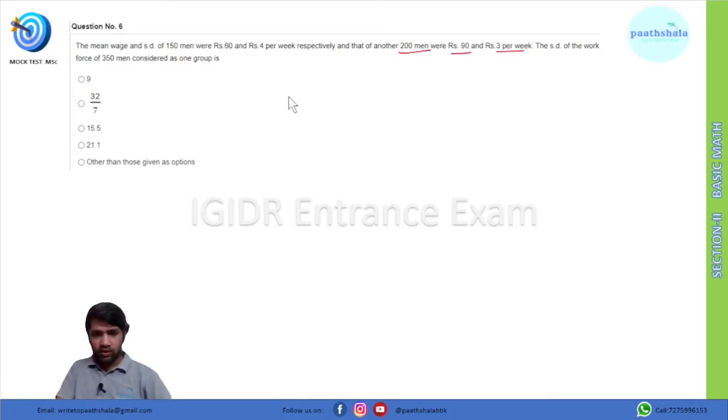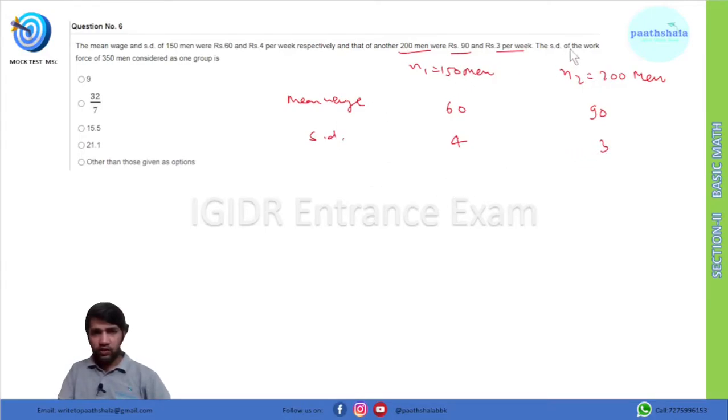So here we have mean wage, and here is standard deviation. This is, let's say, n1, which is 150 men, and let's say this is n2, which is 200 men. Here the mean wage in this case was 60 and standard deviation was rupees 4, and in this case mean wage was rupees 90, and here this will be 3.